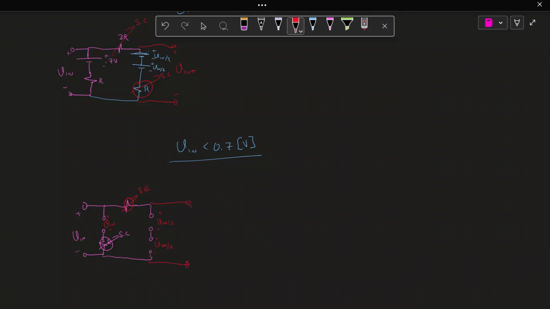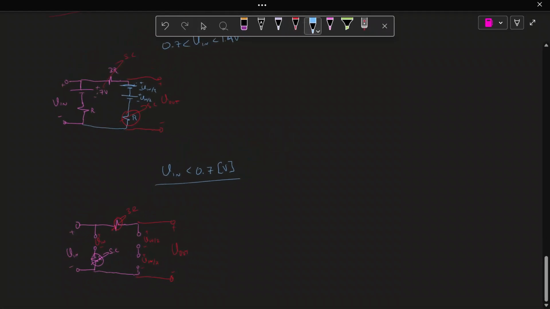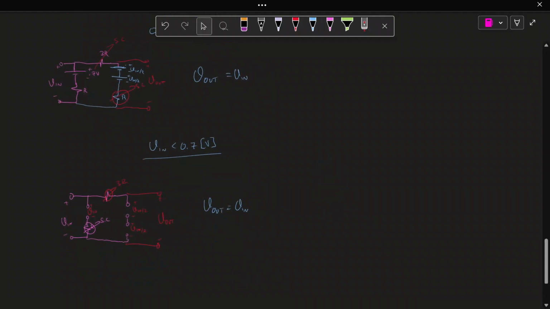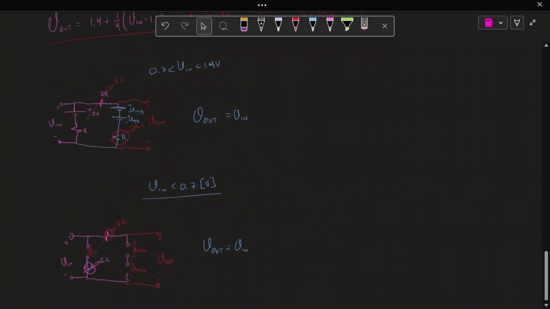So what do we notice? Well, plus minus V out. V out is Vin again. Wow, okay. So V out is equal to Vin in this case, and V out is equal to Vin in this case. This means for anything less than 1.4, we have V out is equal to Vin.